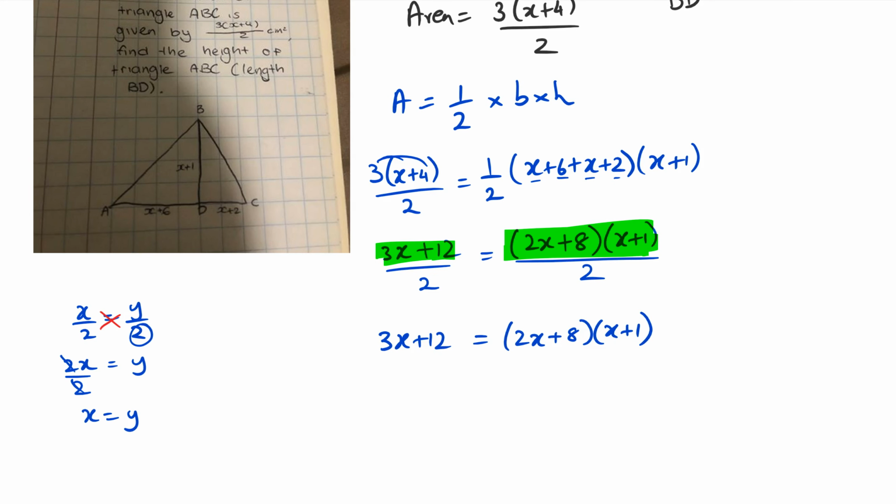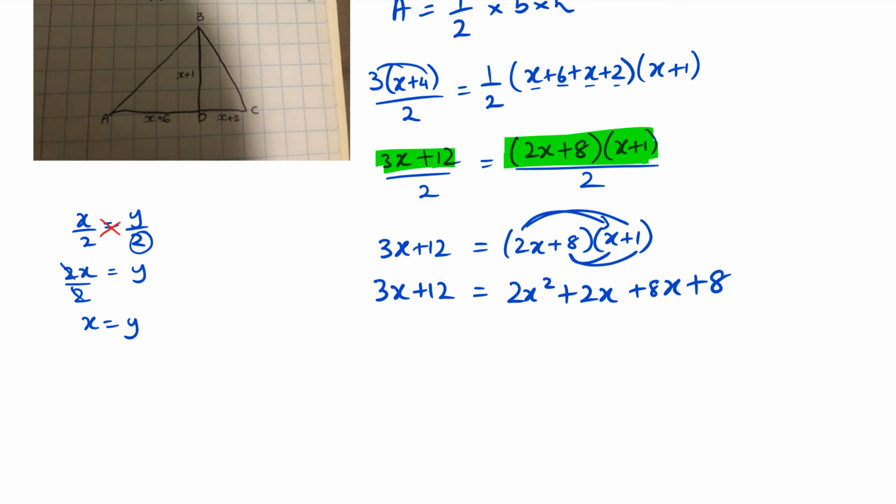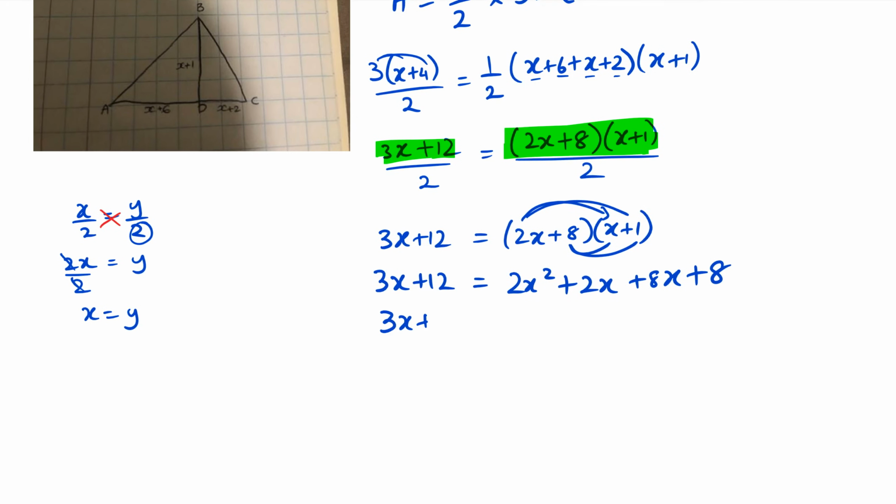On the right hand side I've got a quadratic now, so I need to expand it. 2x times x is 2x squared, 2x times 1 is 2x, 8 times x is 8x, and 8 times 1 is 8. Simplifying the right hand side, I get 2x squared plus 10x plus 8.